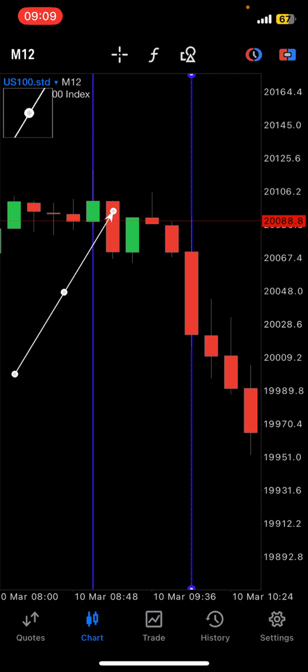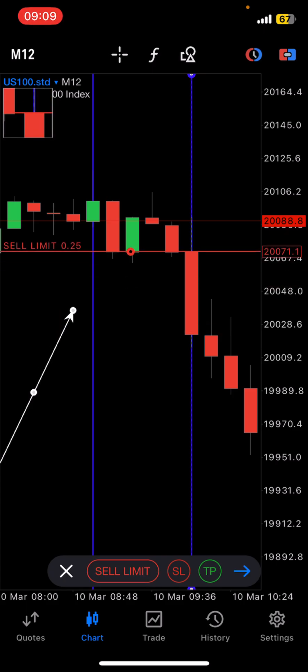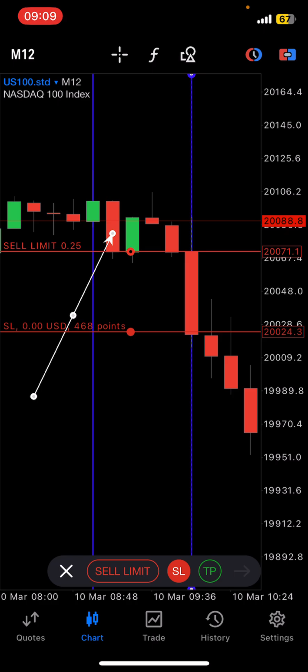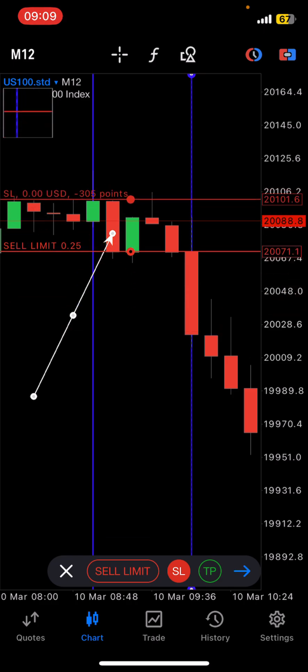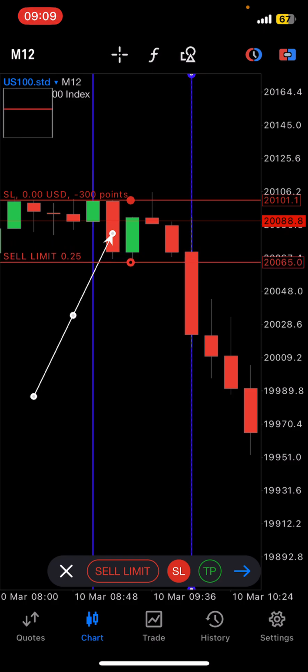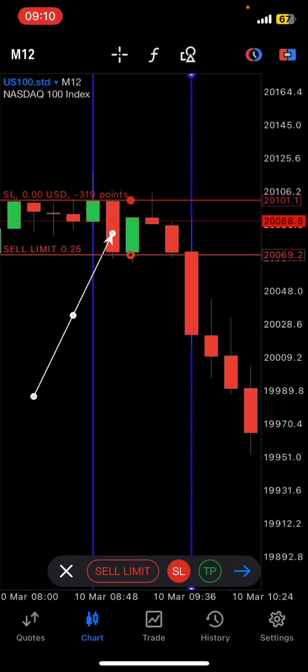Here we've got our down close candle, and the next candle is an up close candle. So we're going to enter there, but we're going to enter because of this down close candle. So we're going to put the stop loss right there, and then we get stopped out again. Cool, no problem.